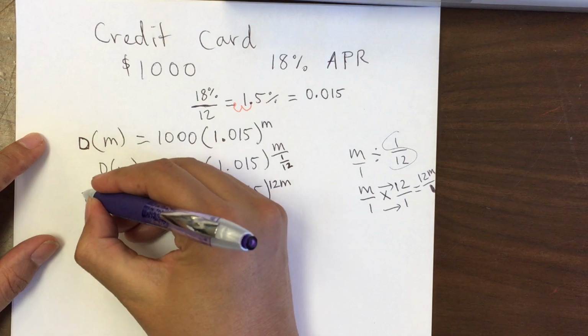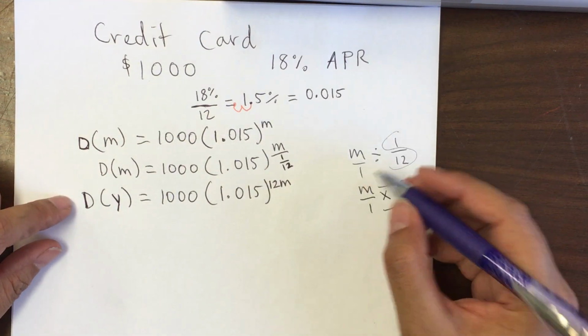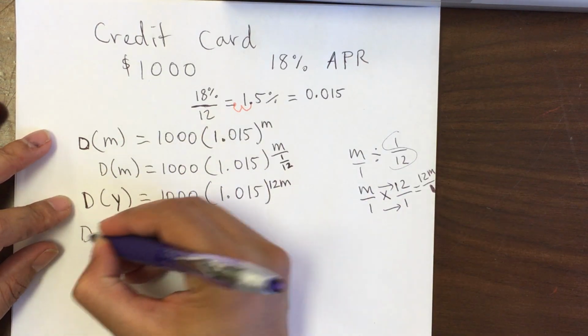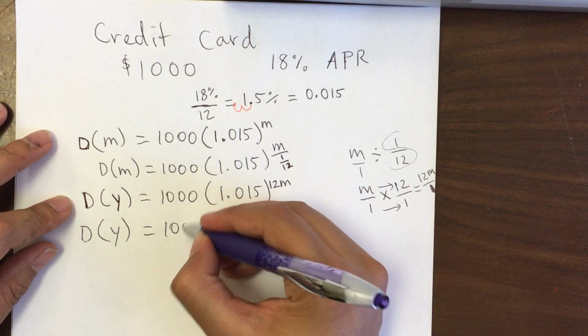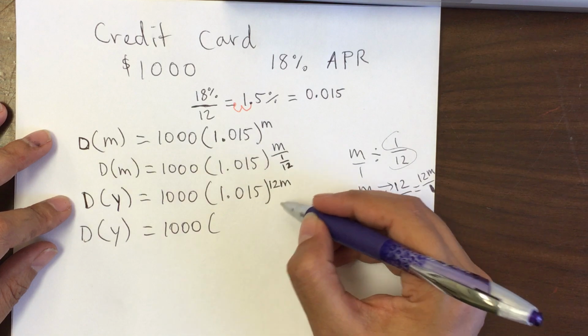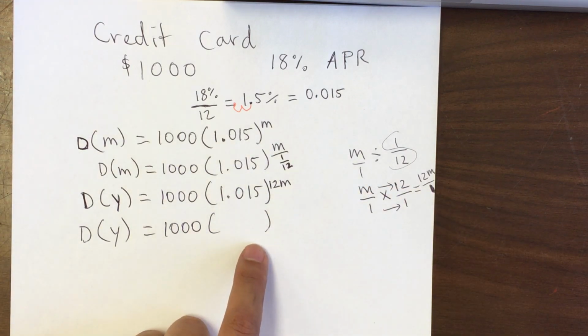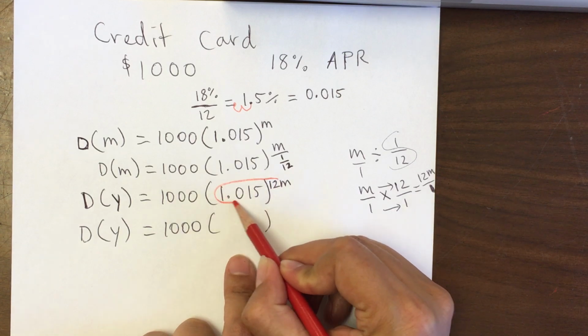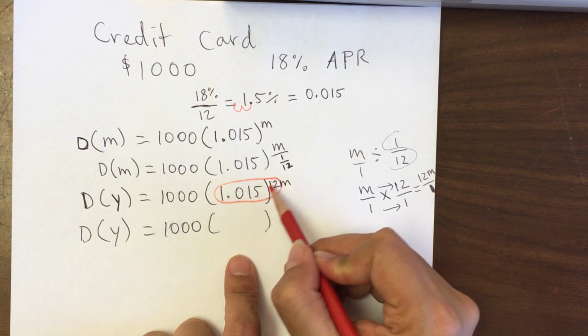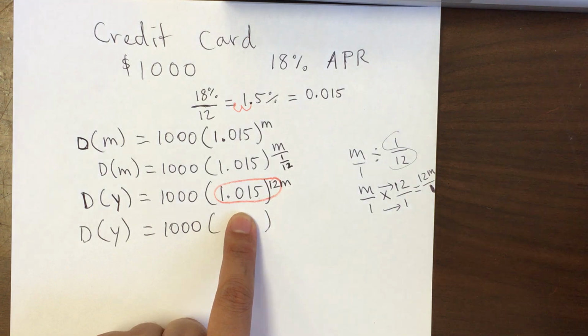And so what is it in reality that they're charging me in that 1 year? So my D of Y equals 1,000. And this is the part that people get confused. What do I have to do about those numbers? All you're doing is just raising this base to that power.